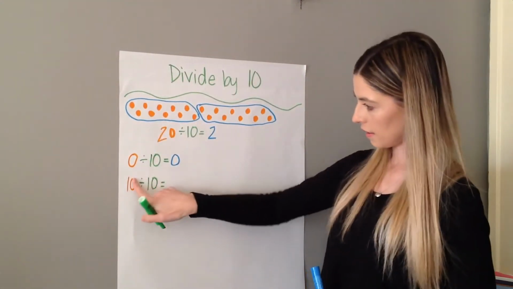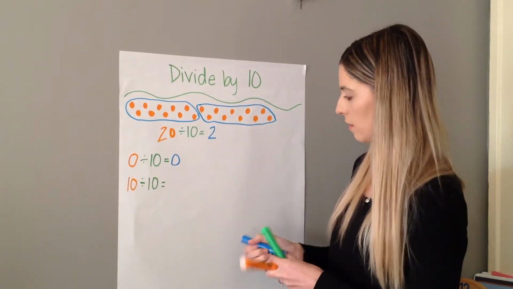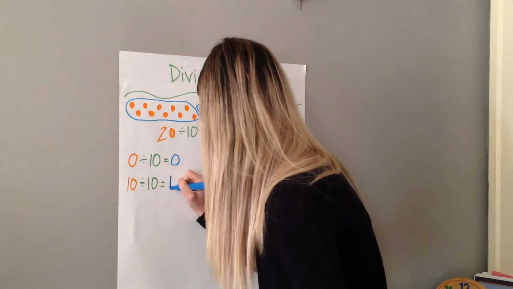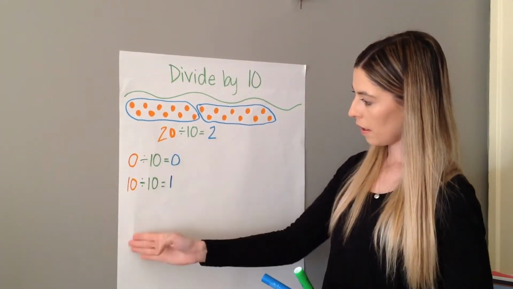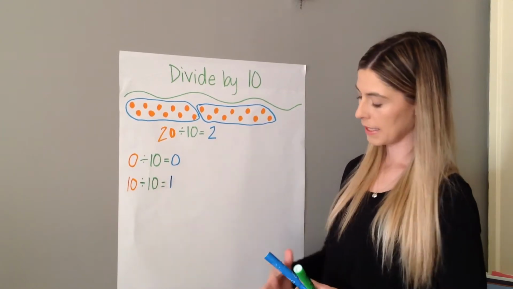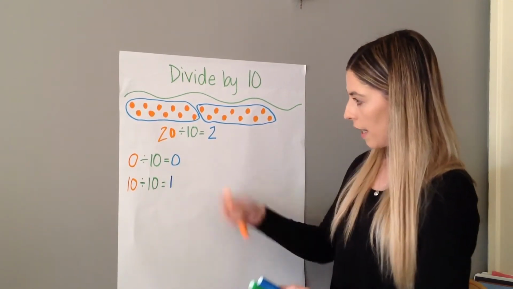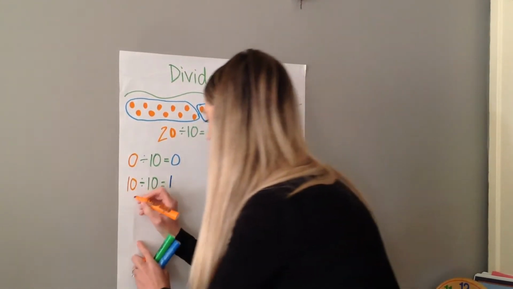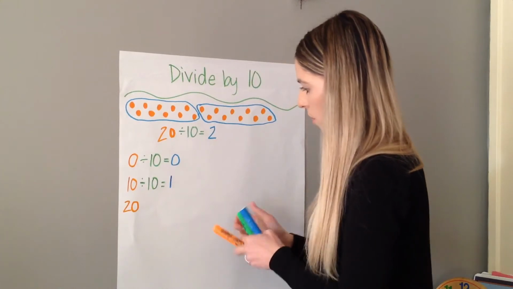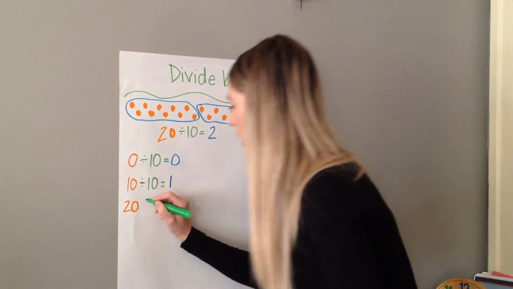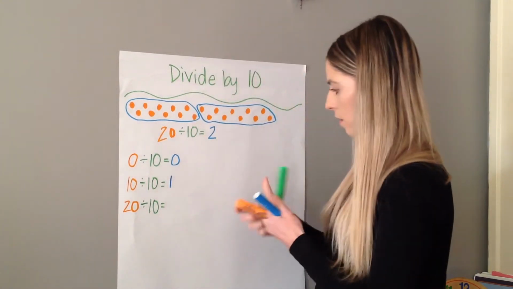If we take the 0 off, we just have a 1 left over. So our answer is 1. Now, after these two, your number on the front of your divided by 10 has to be bigger than 10. So our next one we're going to jump to would be 20. 20, we did that one for our example, divided by 10 equals 2.